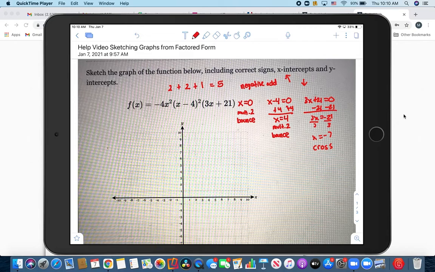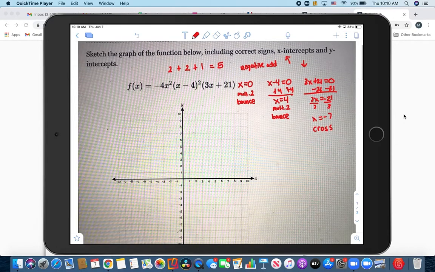Okay, now all that's left is to solve for the y-intercept, which is when x is equal to 0. So f of 0 equals -4, 0 to the second, times 0 minus 4 to the second, times 3 times 0 plus 21.